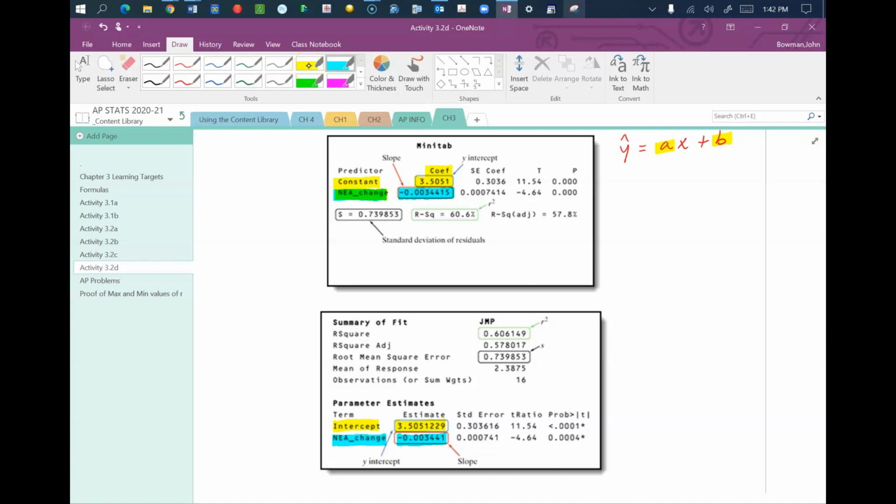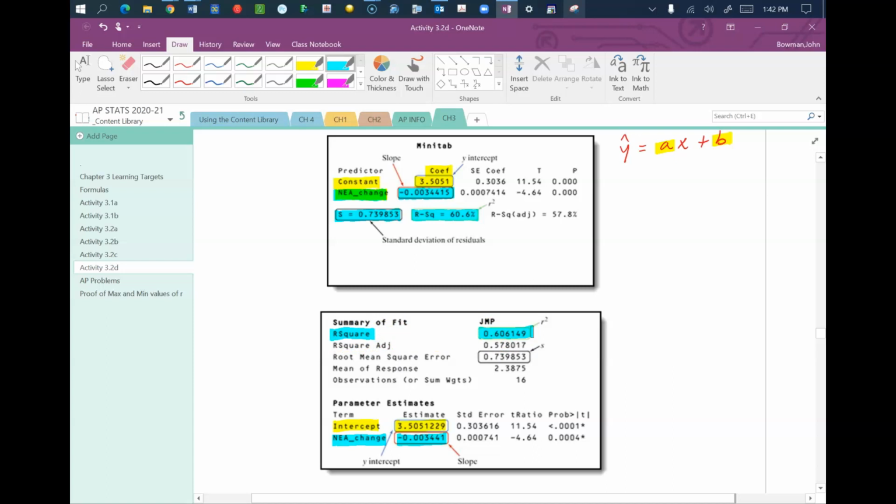The stuff we're most interested in right now would be things like S, the standard deviation of the residuals, and R squared, which is the linear correlation coefficient squared, aka the coefficient of determination. You will also see that in the JMP output. They call it R square. It's over here.